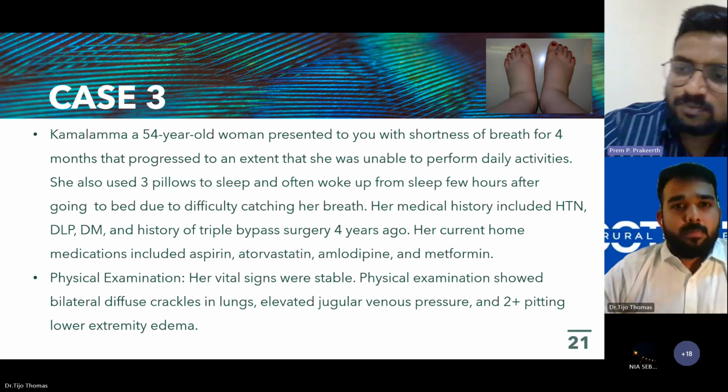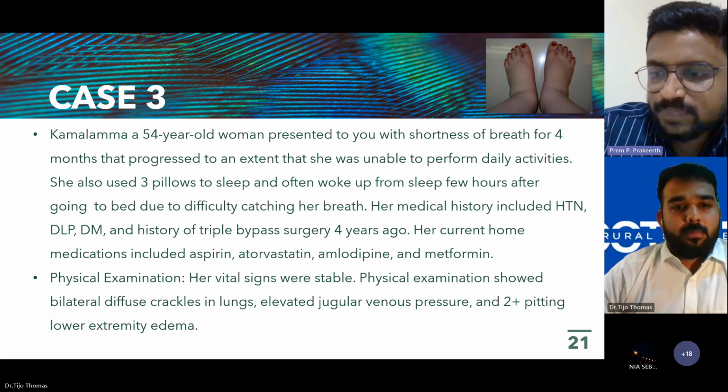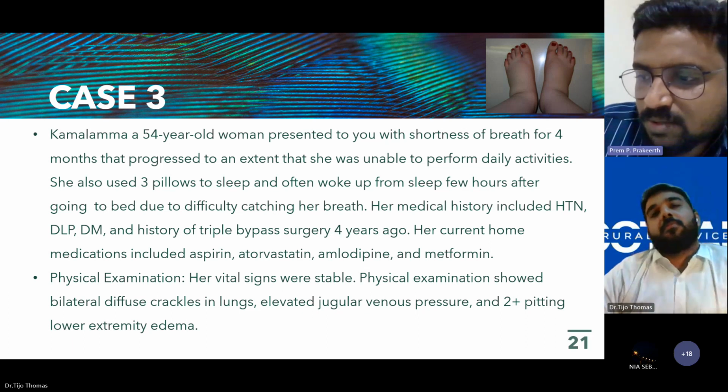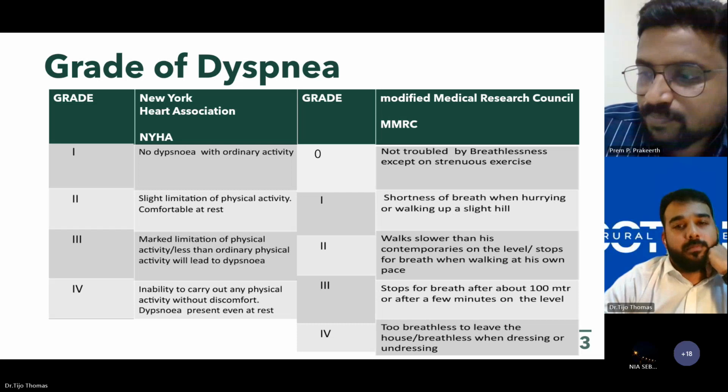So which classification or score will you use to classify such a symptom? Whether we want to grade it according to NYHA or MMRC?